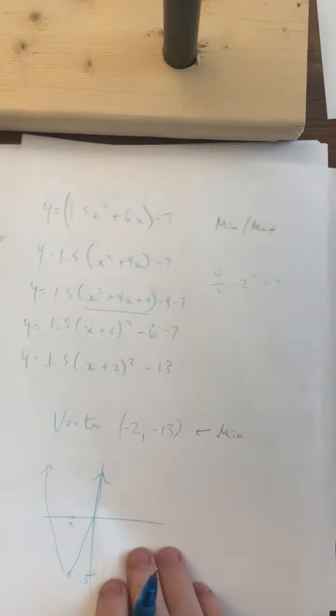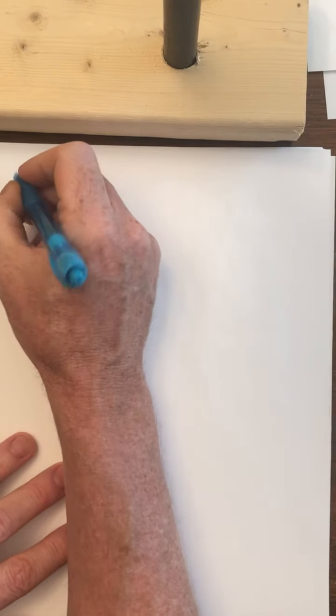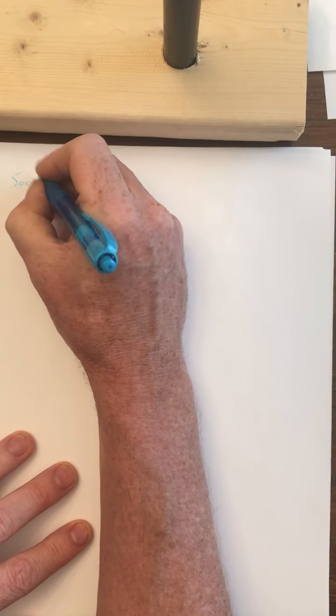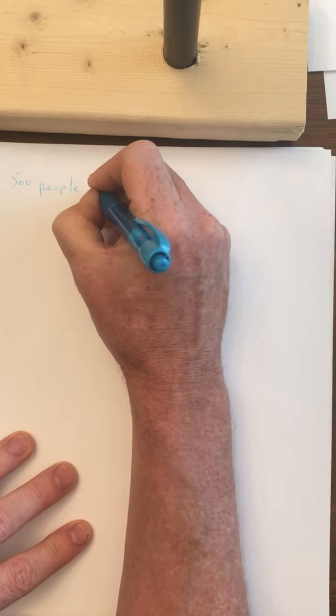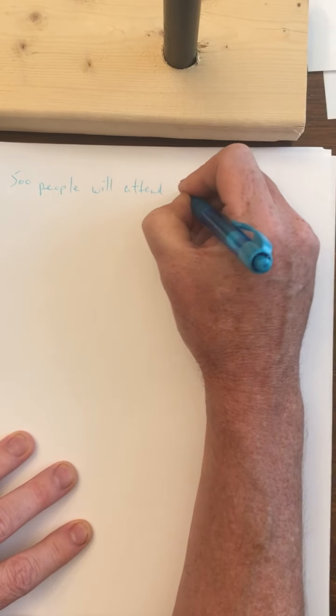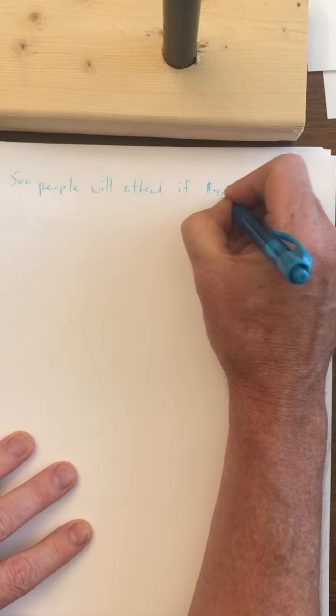All right, word problem. So for a high school basketball game, you know that 500 people will attend if tickets are $2.